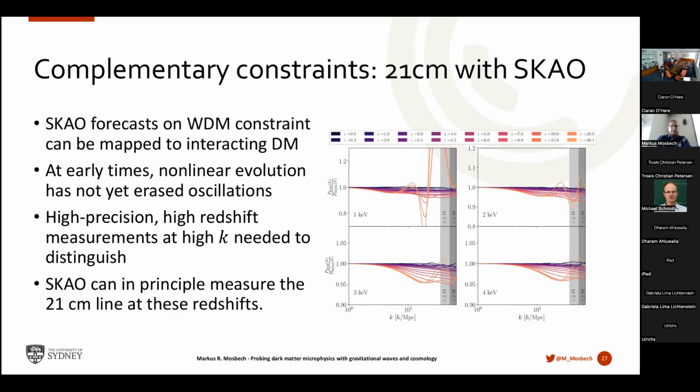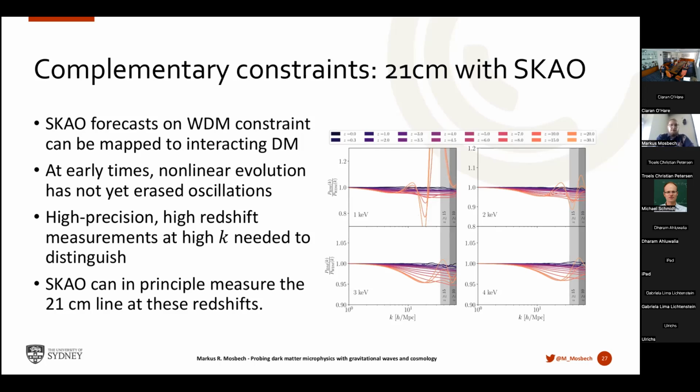So well, if we look at much higher redshifts, we see that the oscillations imprinted by these interactions still exist, are still visible. So that's redshifts of roughly 15 and higher.